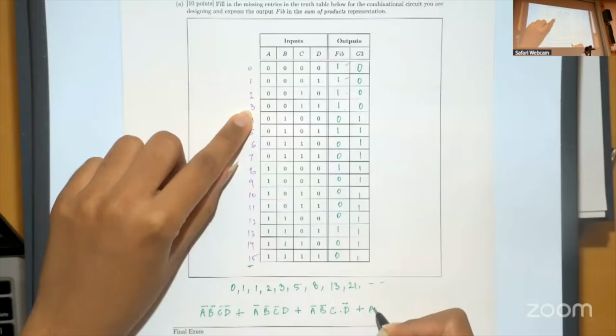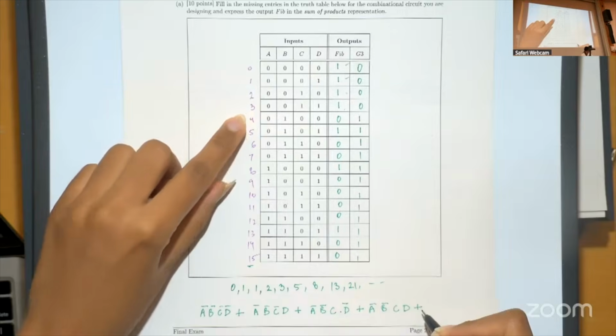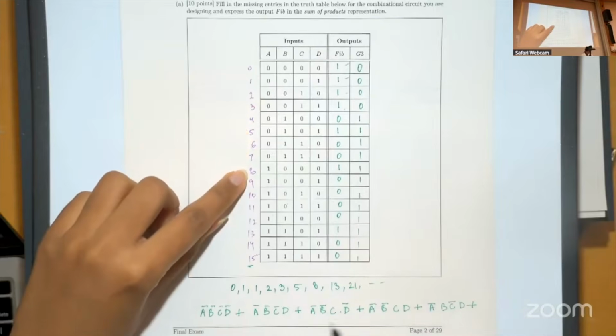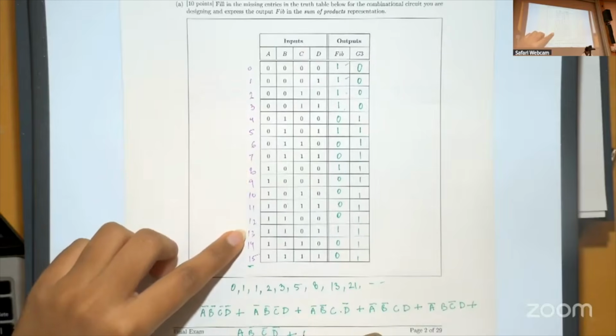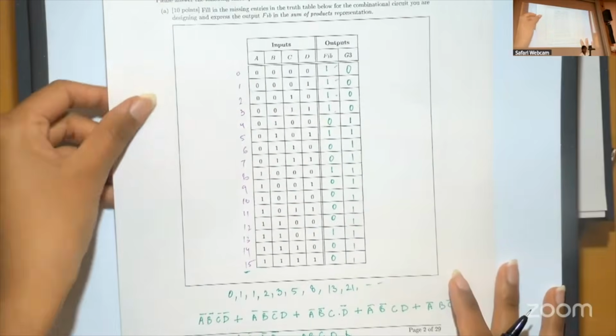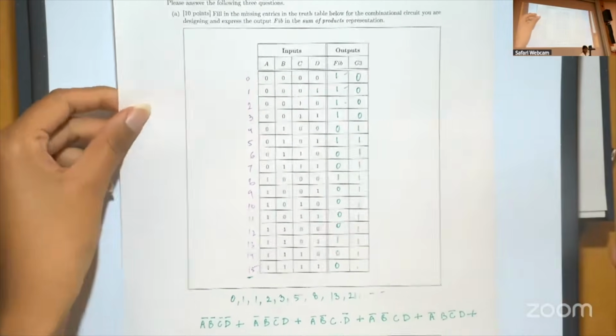And then A bar, B bar, C, D. Then again for this, A bar, B, C bar, D. A, B bar, C bar, D bar, and then A, B, C bar, D. So I think every item is done. So by this, we are done with our part A of the question.